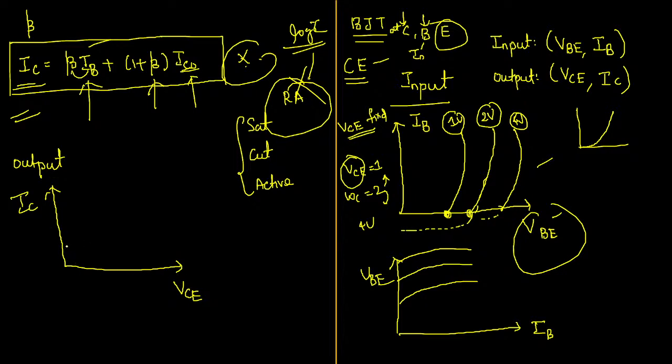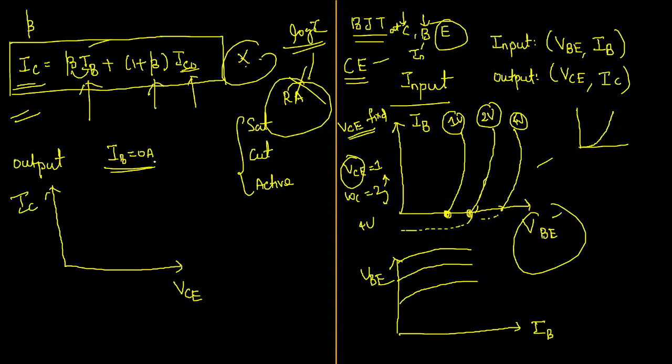In the output, suppose initially I give the input base current as 0. Let us start from 0 base current. When the current is 0, what will happen? Whether your transistor will turn on or not, I am just asking. Drop your answer in the comment section. What can be your expected answer?